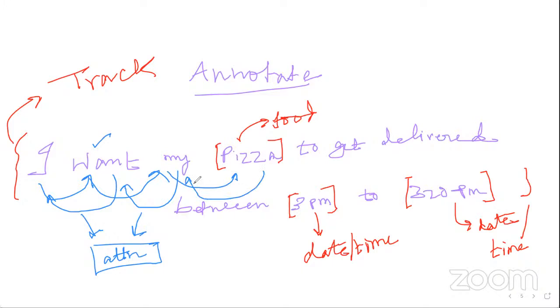So it basically learns between the tokens, and it needs to understand which set of tokens to give more importance, and that is where this attention vector comes into place. It tells that "want" is an important token, "pizza" is an important token, "3" is an important token, "320" is an important token.